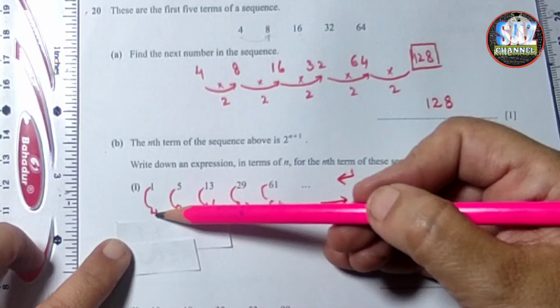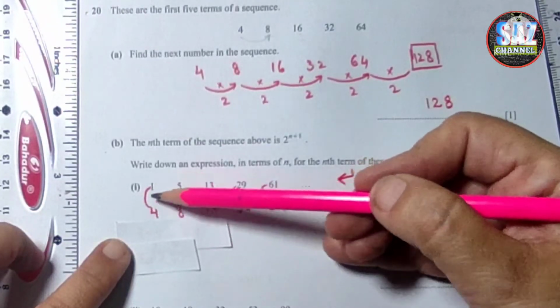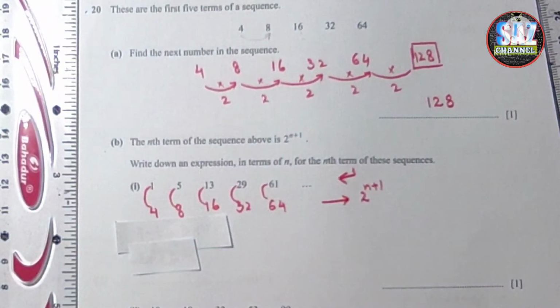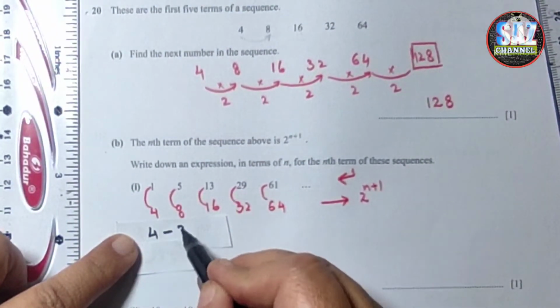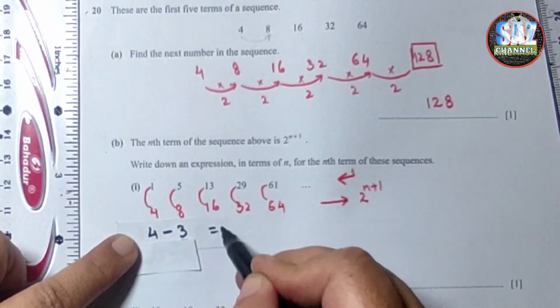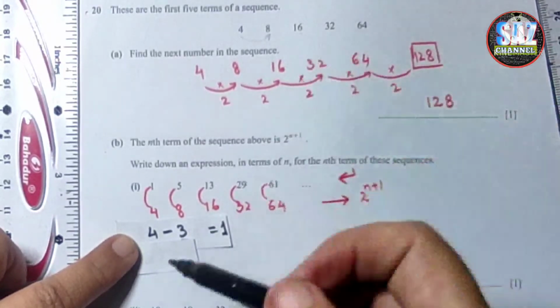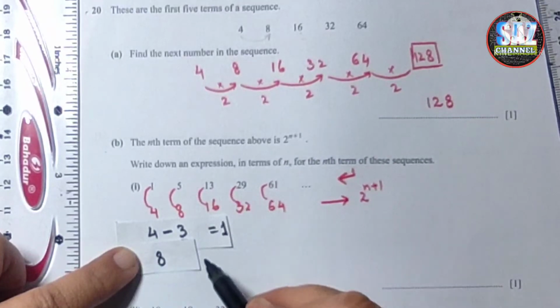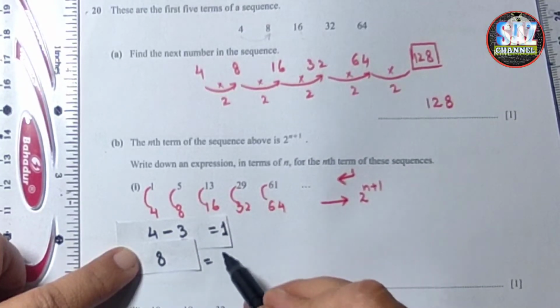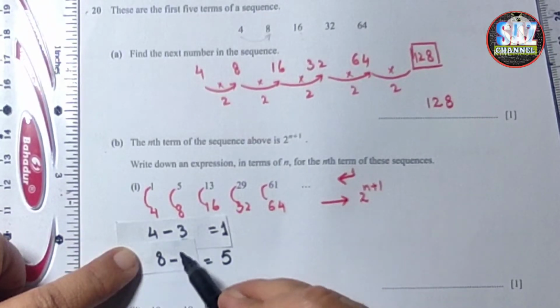What should I do to get 1 from 4? If I subtract 3, 4 minus 3, I'm getting the first term. Now the second term of the previous sequence is 8, and the new sequence has the second term 5. What should I do to get 5?